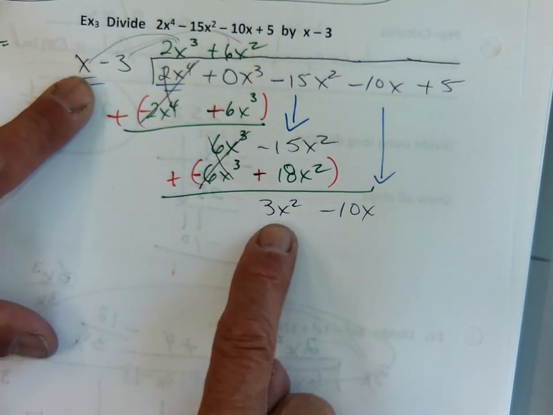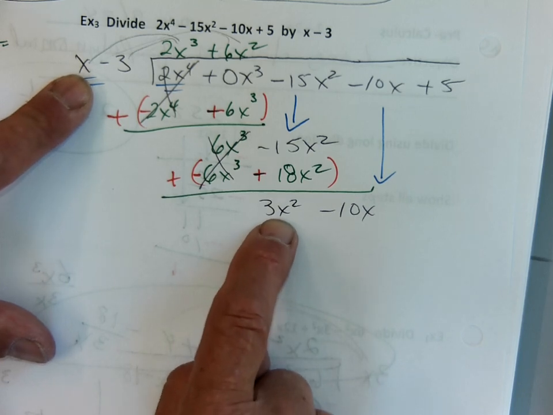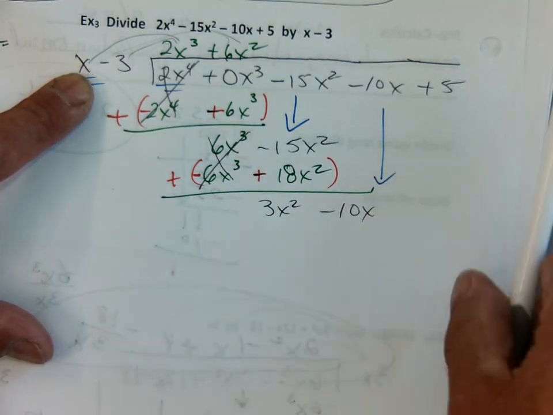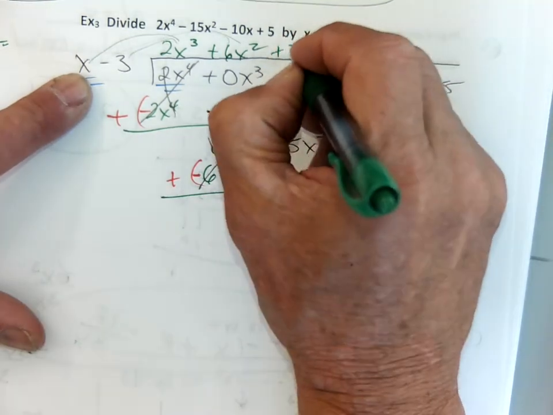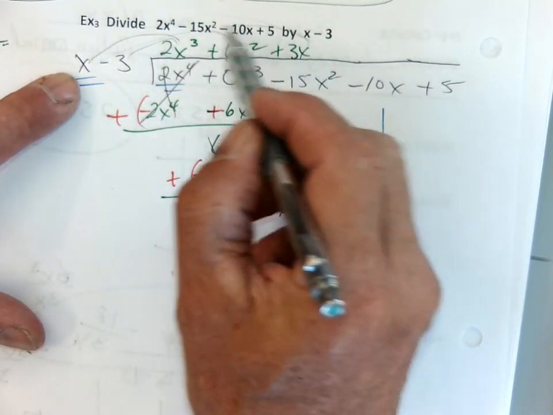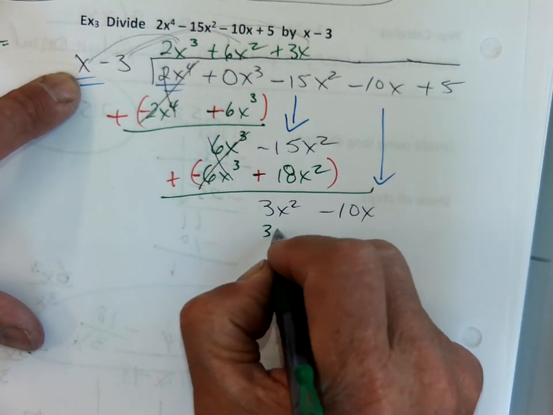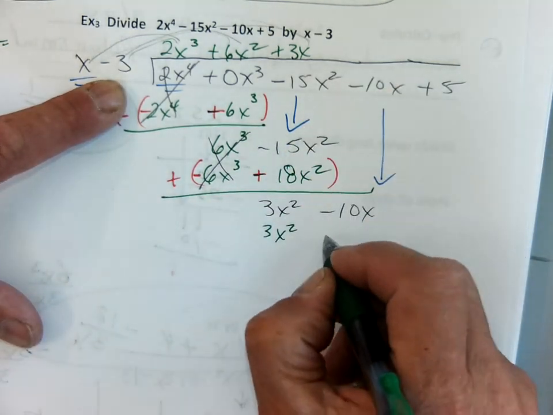X goes into 3x squared. How many times? Just a 3x, right? Positive 3x. I'll multiply again. I get a 3x squared minus a 9x.